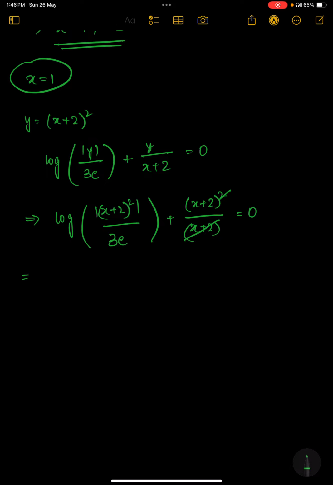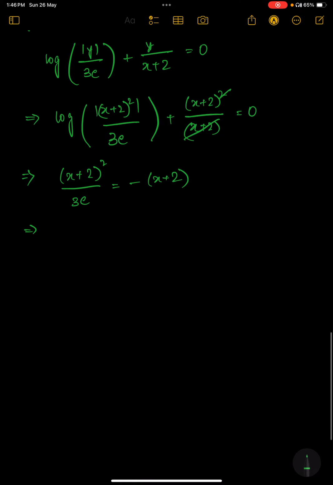So taking the same approach quickly, x plus 2 whole square will always be a positive term, so mod will always be positive. So I have minus x plus 2. Now this gives me x plus 2 whole square is equal to 3e times e power minus x plus 2.